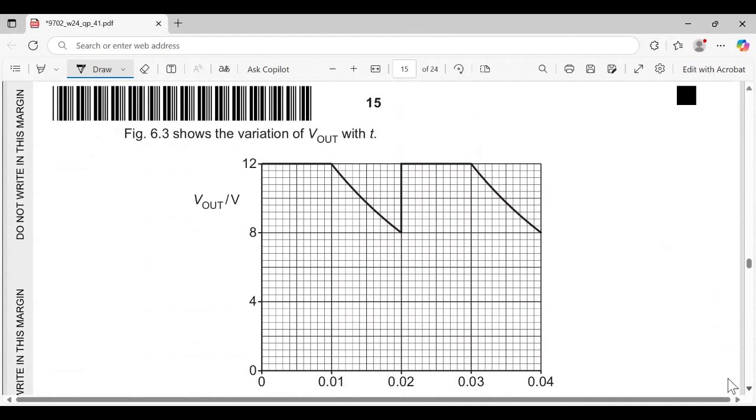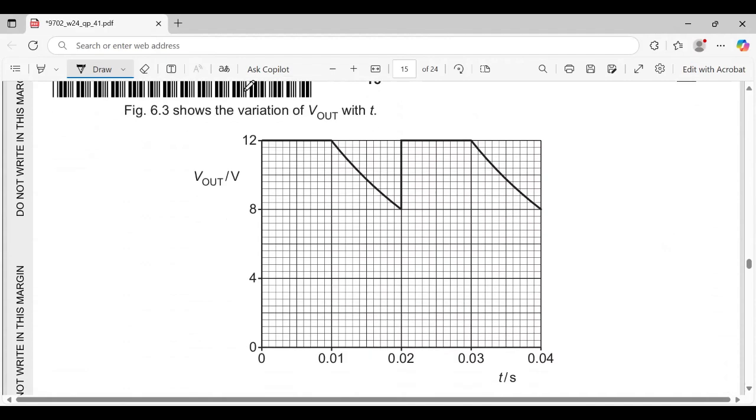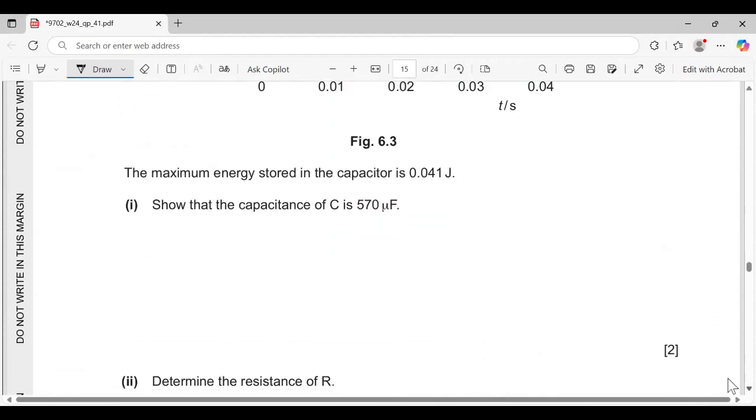Figure 6.3 shows the variations of V out with time t. The initial V is 12, and it decreases to 8 volt. The maximum energy stored in the capacitor is 0.041 joule.